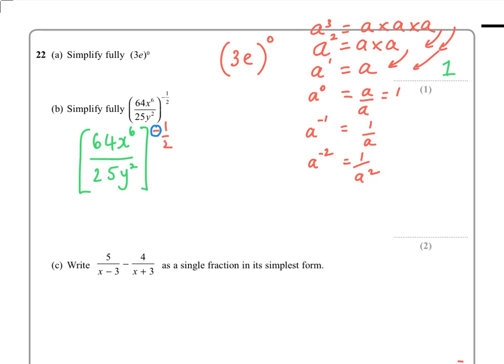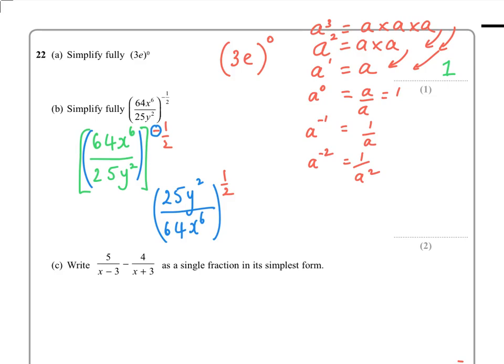So that is what I'm going to do first. So I'm going to make that minus disappear. So I'm going to have to invert this. So I'll have 25 y squared divided by 64 x to the 6 to the power of a half now. Okay, so I've got rid of that minus sign, which just tells you to invert.